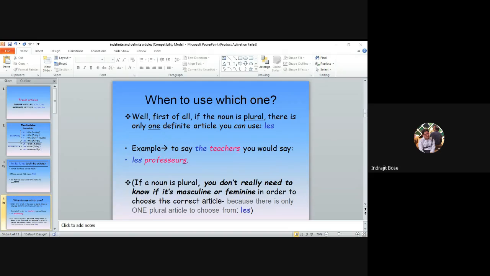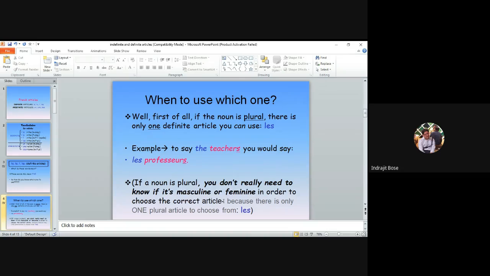What about the use of the others which are indefinite? Let us see what is mentioned over here. If the noun is plural, there is only one definite article we can use, obviously, les. For example, to say the teachers, we have to say les professeurs. So I have to add an S to the singular noun, professeur.